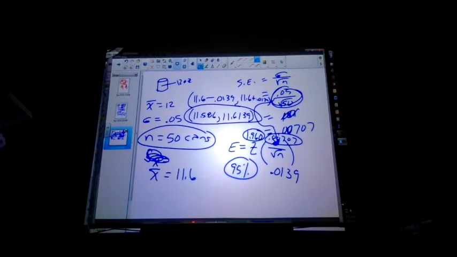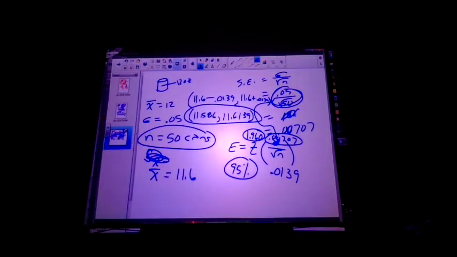Do you think the manager has a worry about this machine? And the answer is yes. Why is it yes? We're trying to get 12 fluid ounces. Our confidence interval, we're 95% confident that if we duplicated this test again, we're still way under 12.